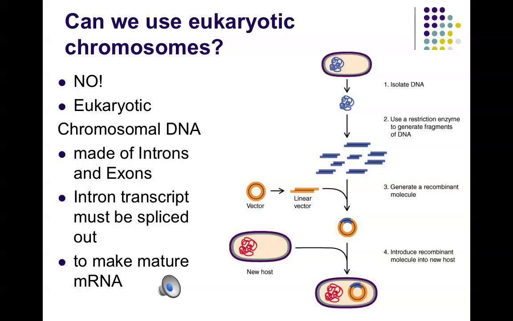Well, the introns, in order for us to get a functional piece of DNA that we can actually eventually transcribe and translate, once we've made our recombinant DNA construct, the introns must be spliced out or somehow removed in order to make eventually a functional piece of DNA and then a functional piece of messenger RNA that can be translated. Kind of a tricky procedure.